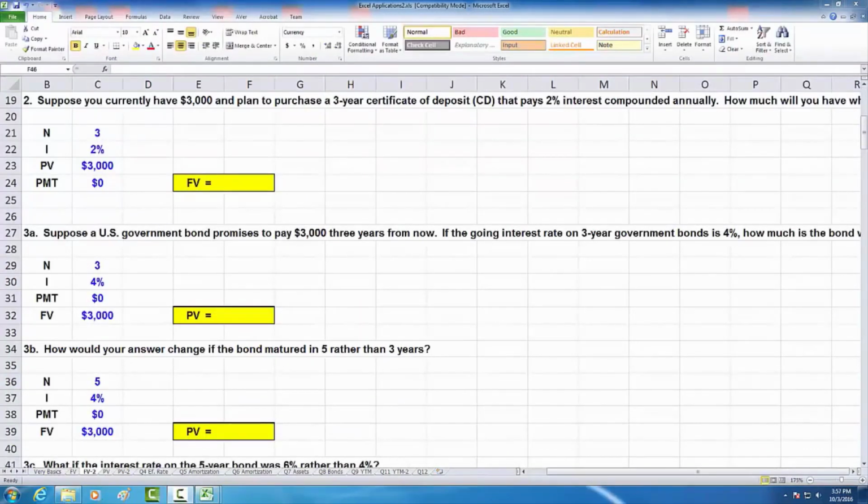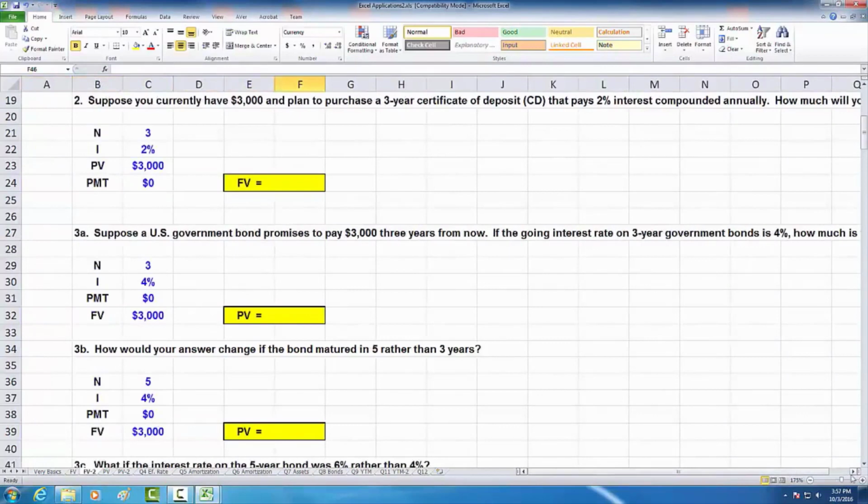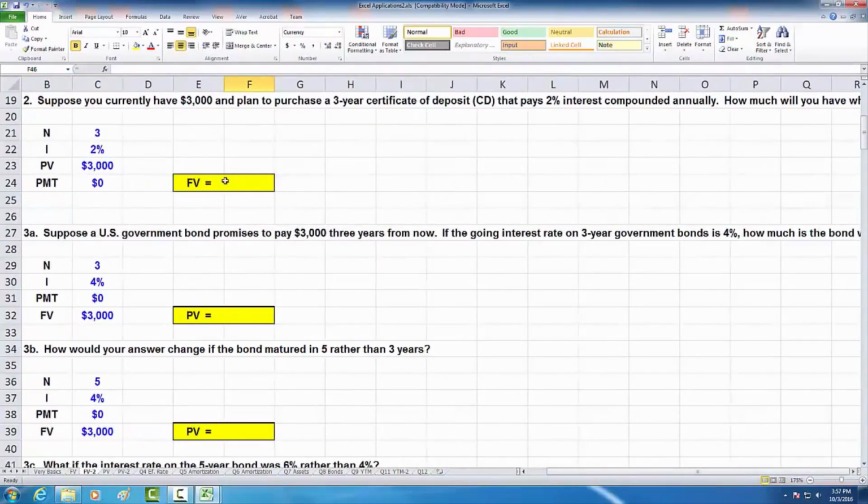Now let's switch to the second question. Suppose you currently have $3,000 and plan to purchase a 3-year certificate of deposit that pays 2% interest compounded annually. How much will you have when your CD matures? Okay, so it asks us to calculate the future value of $3,000 compounded annually with 2% interest rate.